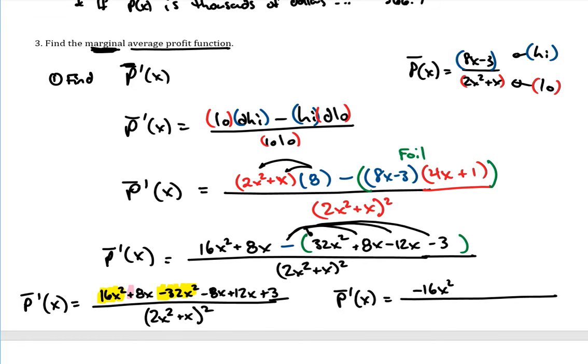And then we have positive 8x minus 8x is 0, plus 12x would leave us with plus 12x. And then positive 3 is left alone, but we still need it. And then over the 2x squared plus x getting squared.